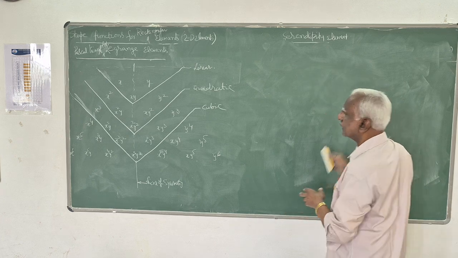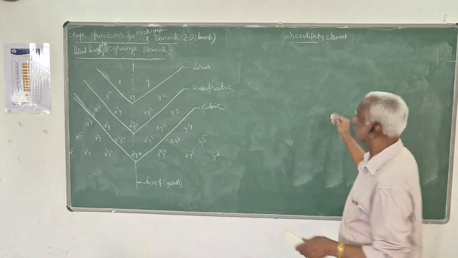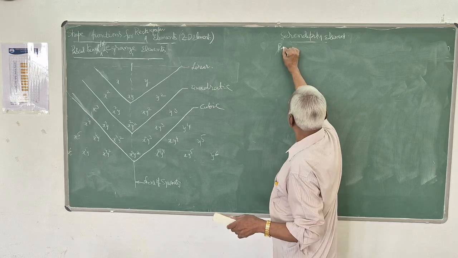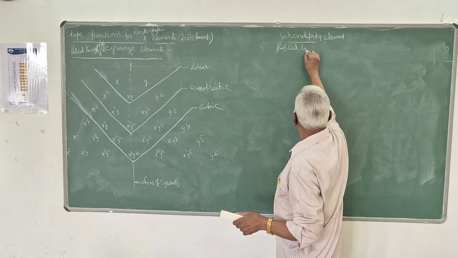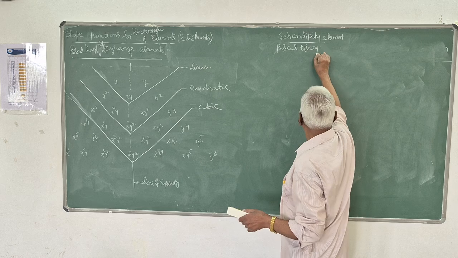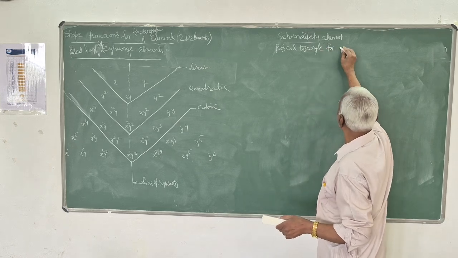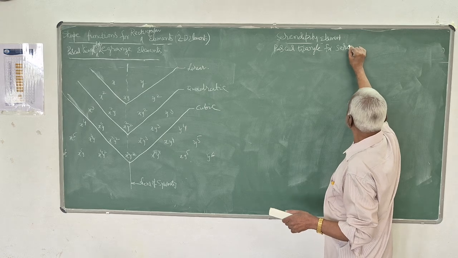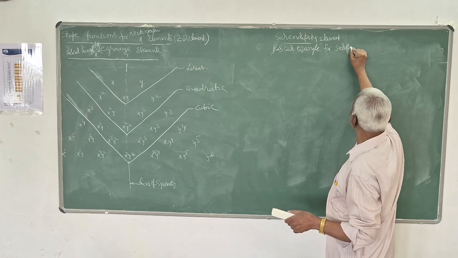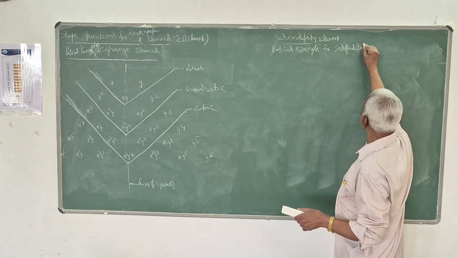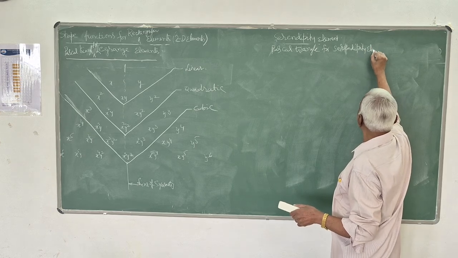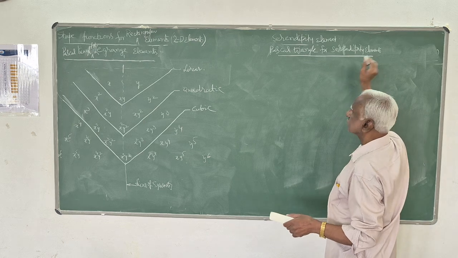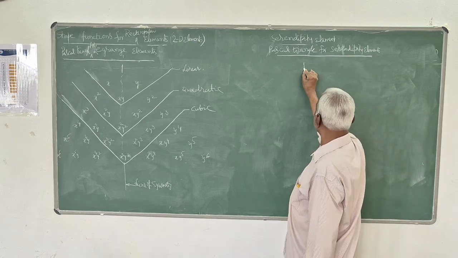This is the Pascal triangle for serendipity elements. So you will find it like that.